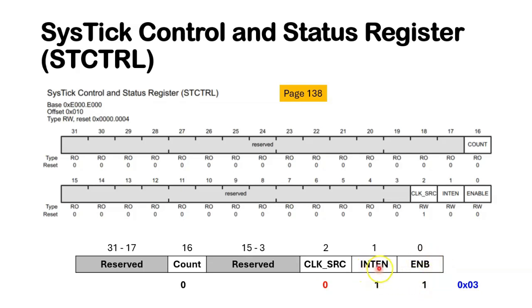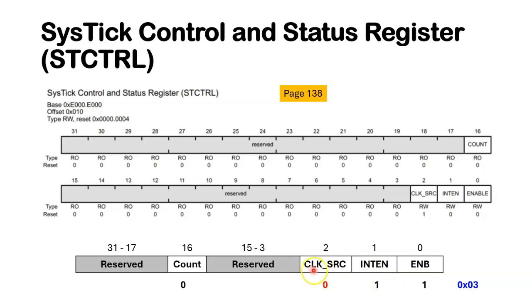So this is set to 1. And then this second bit here, bit 1, INTEN, is also set to 1. This is an interrupt enable. So an interrupt is generated to the NVIC when the SysTick counts to 0. So this has to be set to a 1 to enable the interrupt.